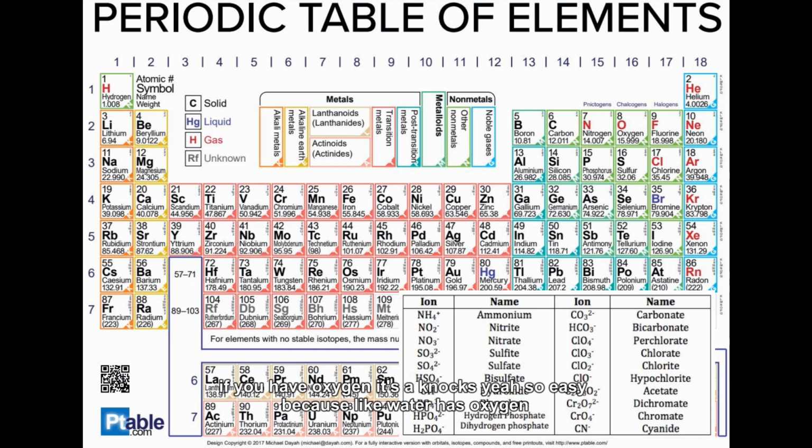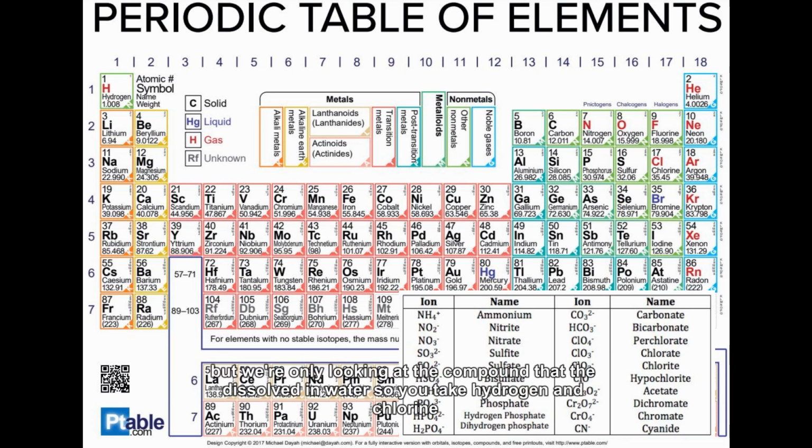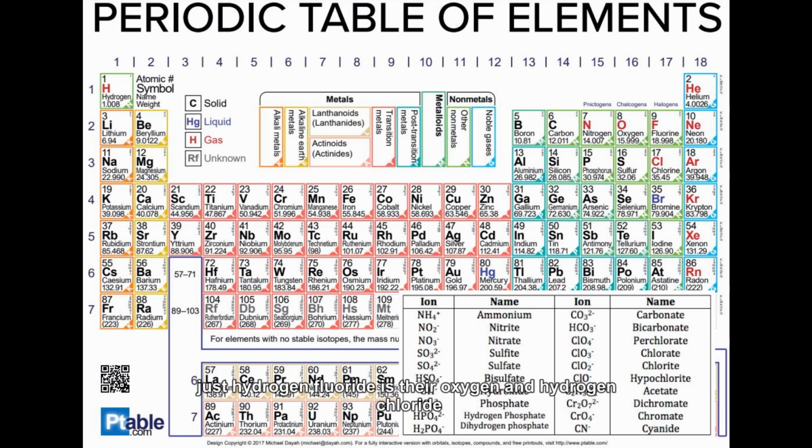Is it because water has oxygen? That's a good question. Water does have oxygen, but we're only looking at the compound that's dissolved in water. So you take hydrogen and chlorine, which is hydrogen chloride. Is there oxygen in hydrogen chloride?